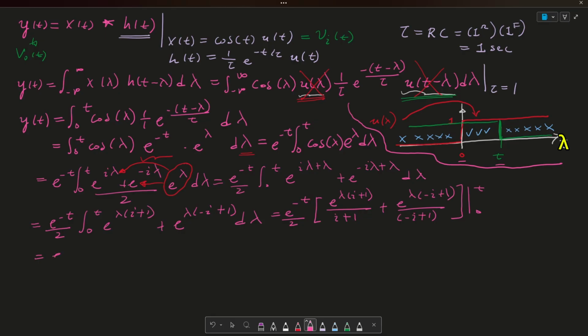Evaluating this gets us e to the minus t over 2 times e to the t (i plus 1) over (i plus 1) minus e to the 0 over (i plus 1) plus e to the t (minus i plus 1) over (minus i plus 1) minus e to the 0 over (minus i plus 1).